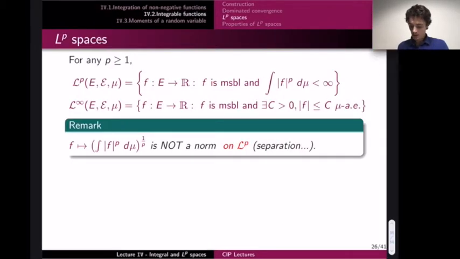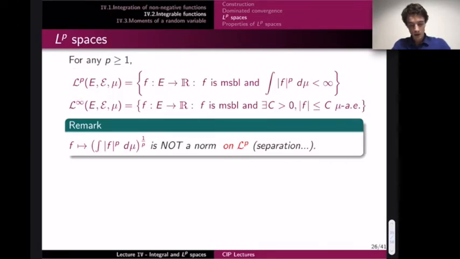So now we will face a very important difficulty in the theory of integration against measures, which is the difficulty to define norms. Let me explain. Here are some other spaces that we can define. We've defined calligraphic L1 already.